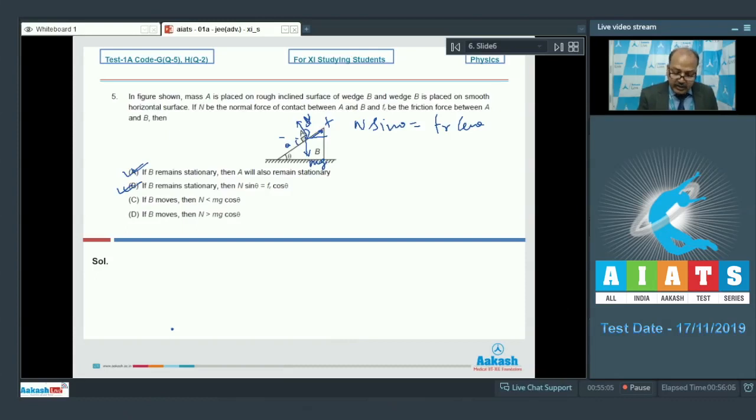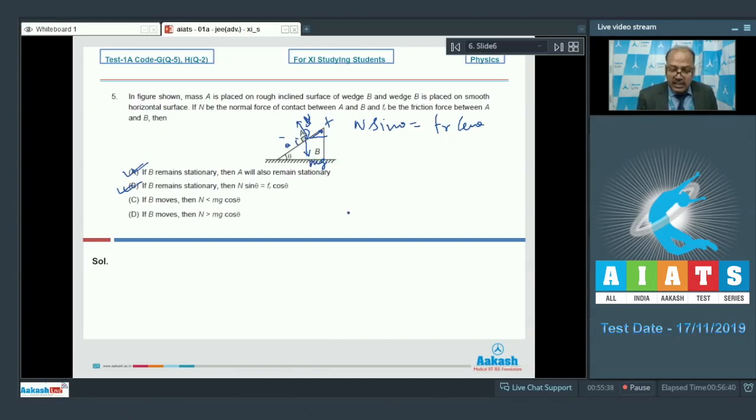Let's look at statement C now. It says if B moves, then N will be less than mg cos theta. And statement D says if B moves, then N is greater than mg cos theta. See, when B moves, obviously it will move towards the right, which means the normal reaction between the block and the wedge will be less than mg cos theta.